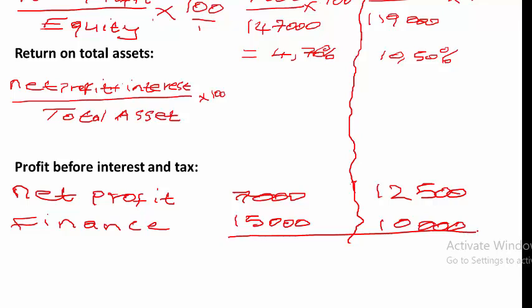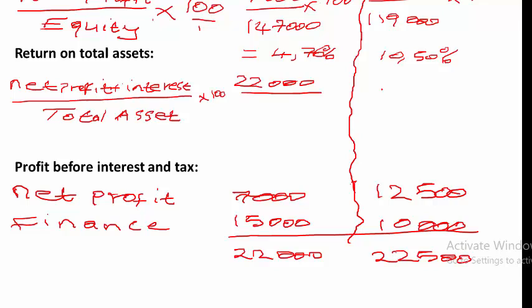Once you have this, you can then add the two together. So you have your 22,000 in 2015 and you have your 22,500 in 2014. Now you have the amounts you need to calculate your return on assets. So you'll have your 22,000 right there, over total assets, which we do not know yet.